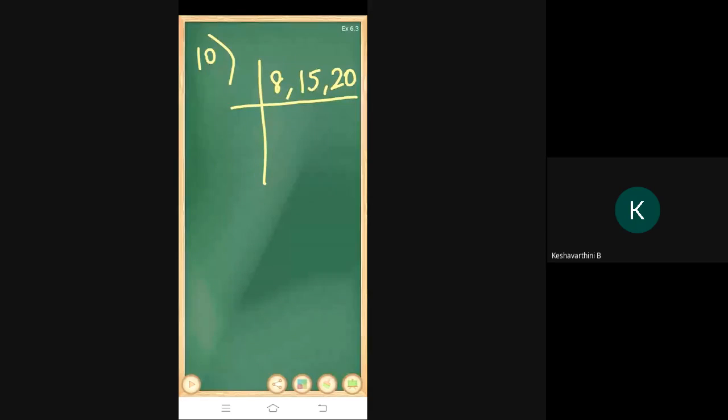Two table. 2 into 8, 4 times. 15 as it is. And 20, 10 times. Again 2 table. 4, 2 times. 15 as it is. 10, 5 times.